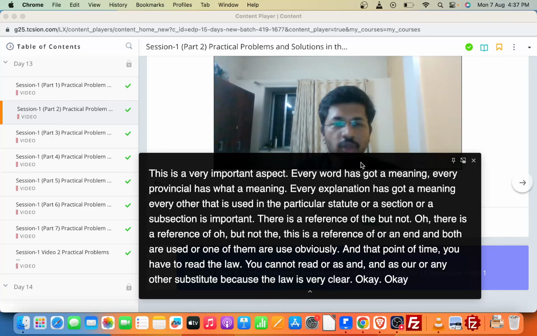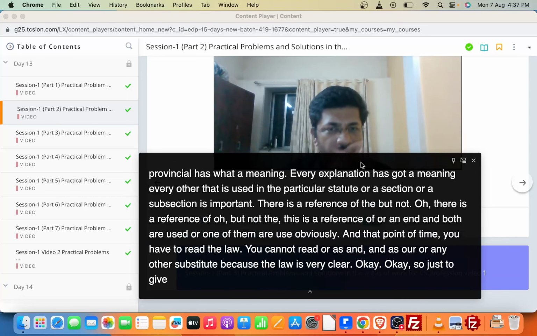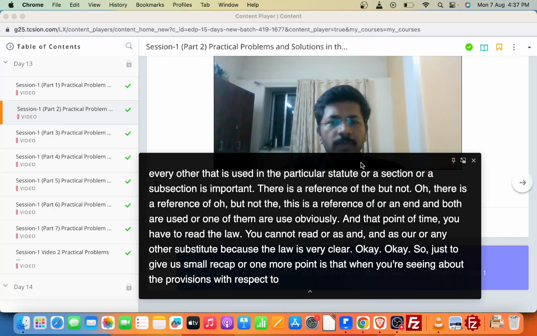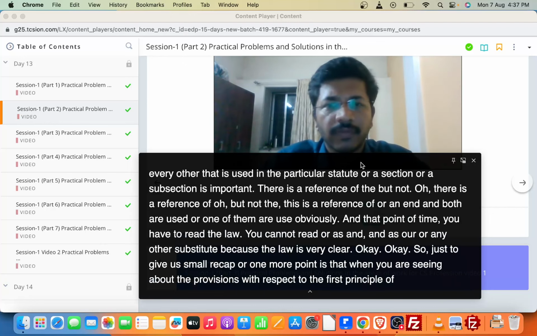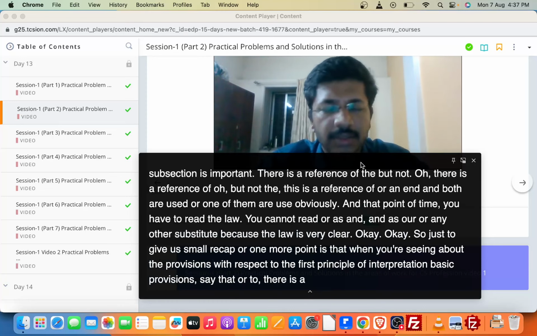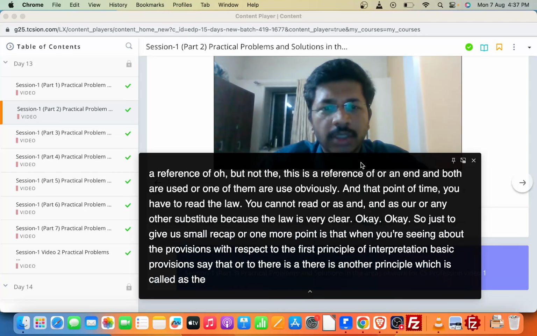Just to give a small recap, one more point: when you are talking about the provisions with respect to the first principle of interpretation, there is another principle which is called the golden rule of interpretation.